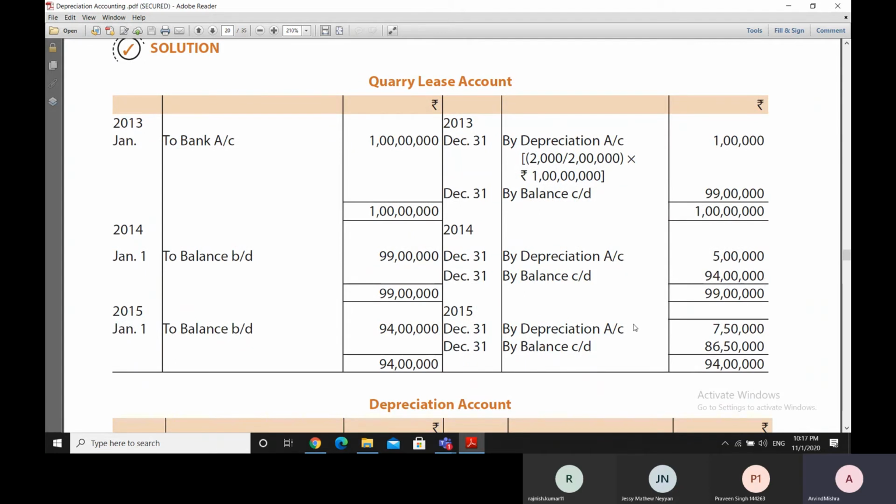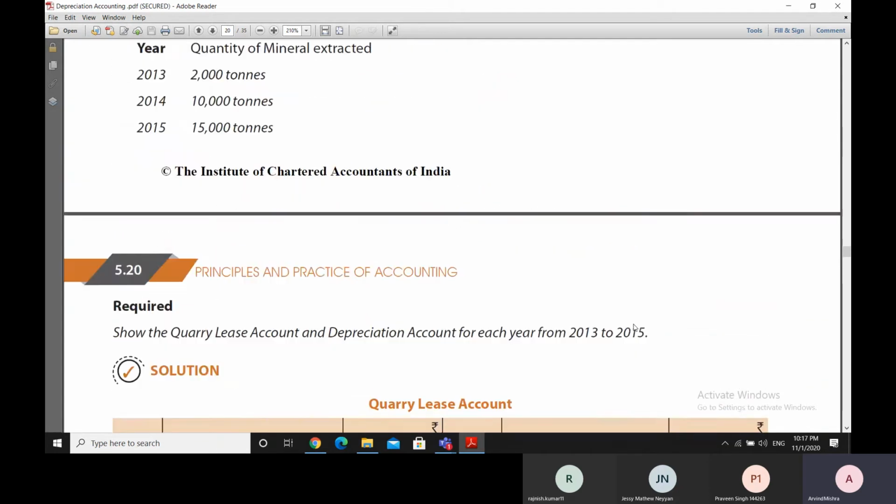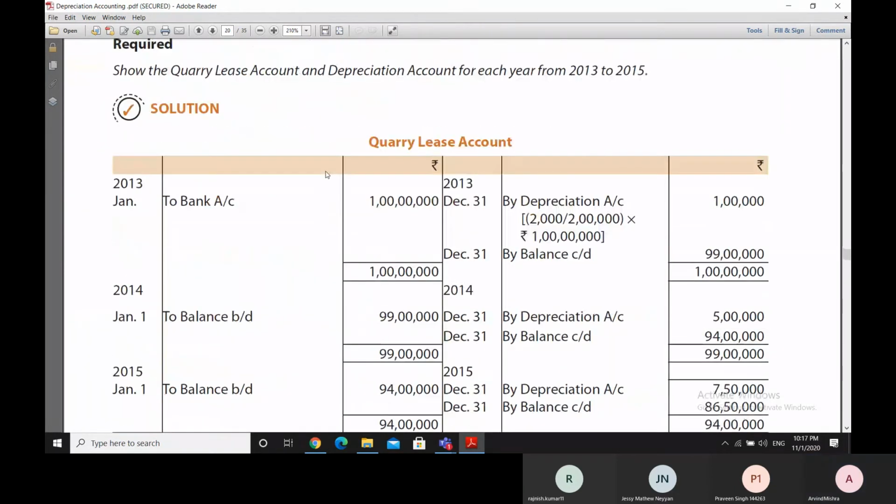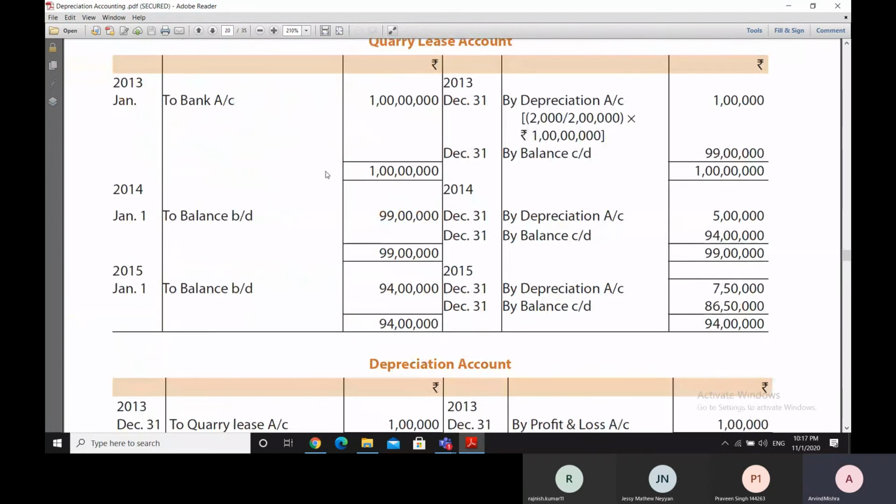Then for the next year again, the depreciation would be 15,000 tons upon 2 lakh tons. So 15 upon 200 is the ratio into the figure of 1 crore rupees again. That is 7,50,000 rupees.